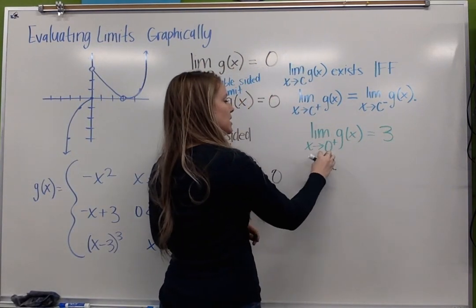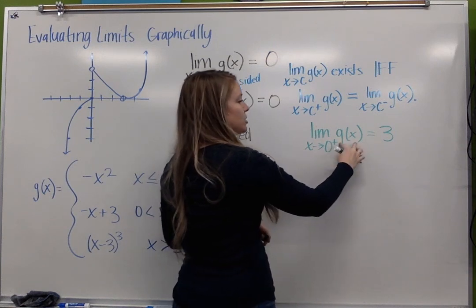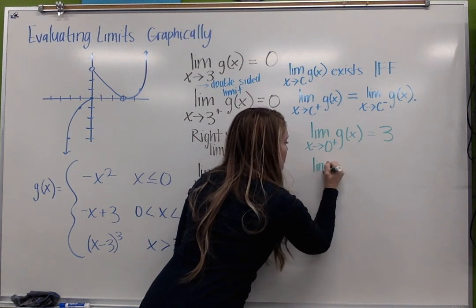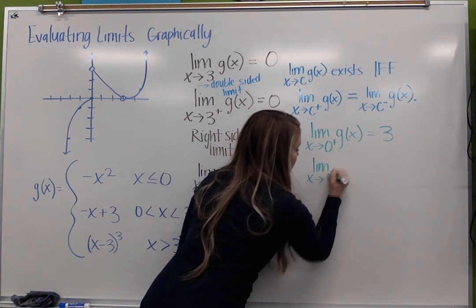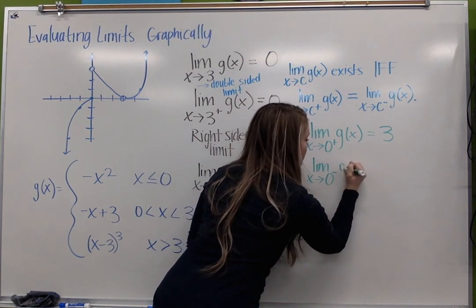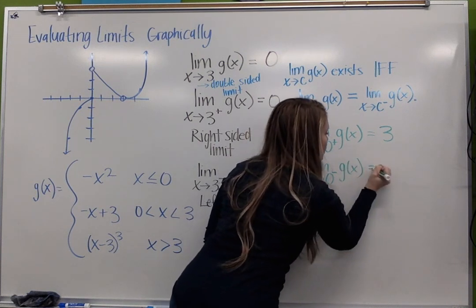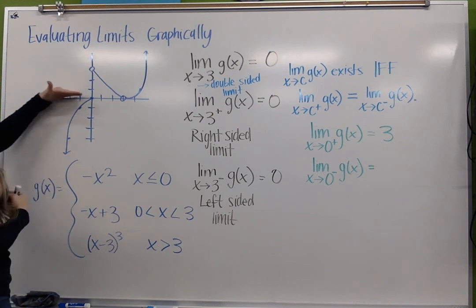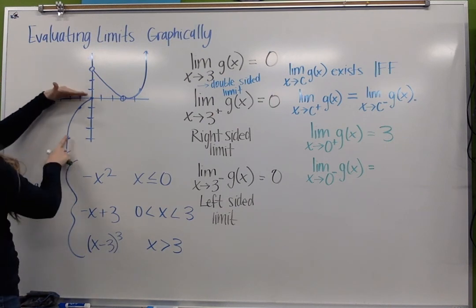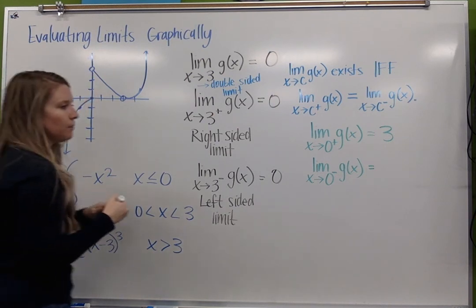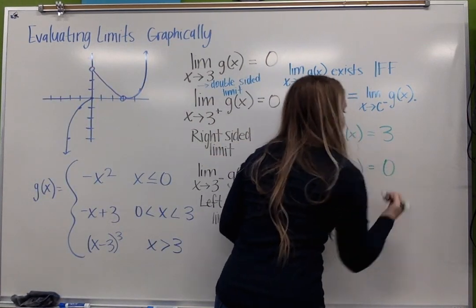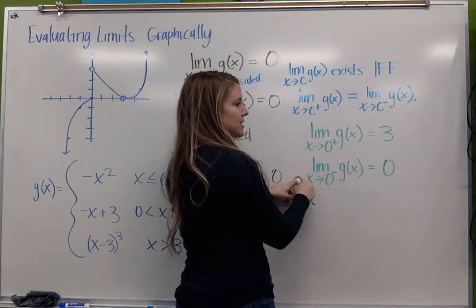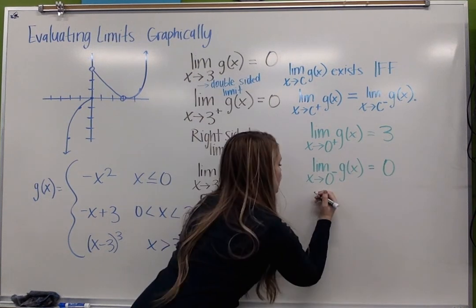So the limit as x approaches 0 from the right of g of x is 3. Now I want to know the limit as x approaches 0 from the left of g of x. As I approach 0 from the left side, that graph is approaching 0. So my right-sided limit is 3. My left-sided limit is 0.